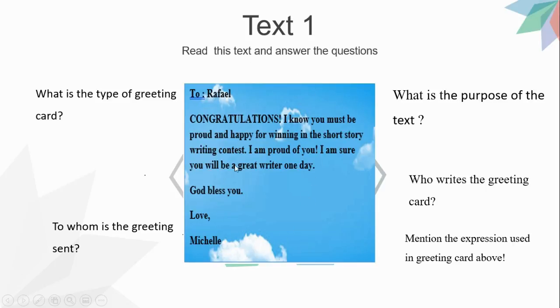The text is about a greeting card, and after we provide the text, we create some questions. It means that we must supply questions to achieve our indicator. So I will give you an example.